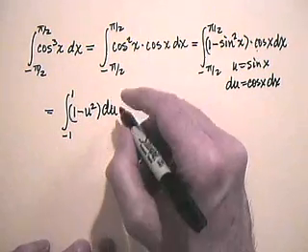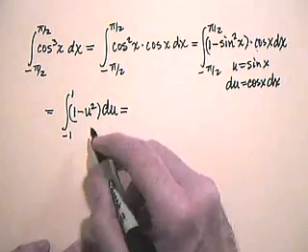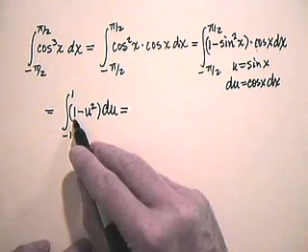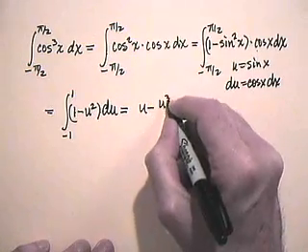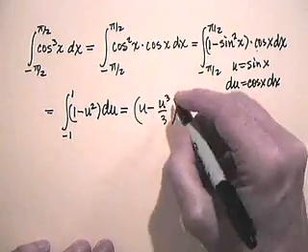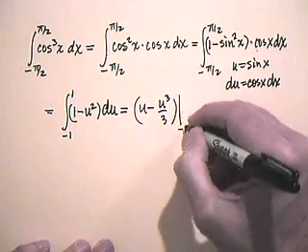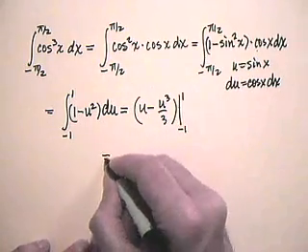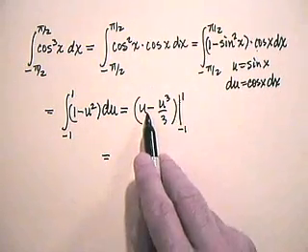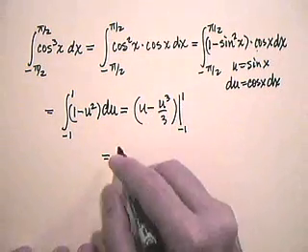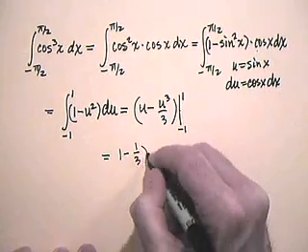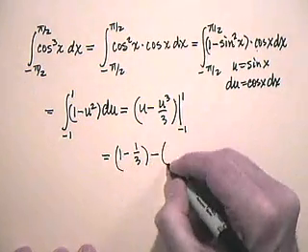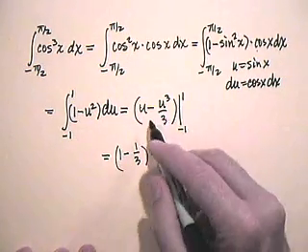Well, that's certainly an easy integral to compute. Just use the power rule for antidifferentiation. We have u minus u cubed over 3, to be evaluated between limits negative 1 and 1. Of course, when I put in plus 1 for u, I get 1 minus a third. Now we subtract what we get by putting in negative 1.